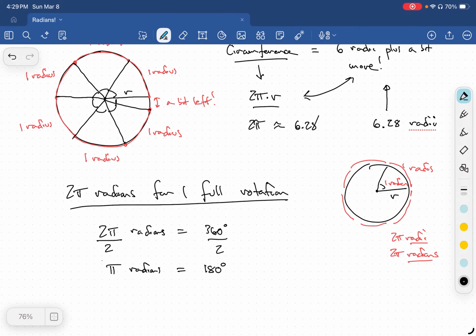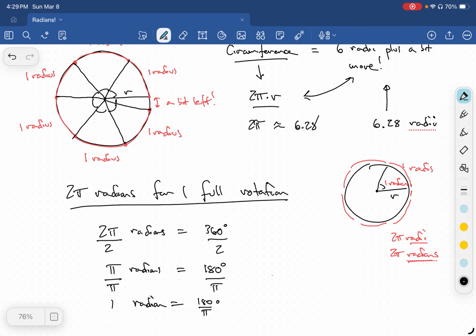And this is going to be a very important thing for us here, that pi radians is 180 degrees. And so if I want to know what, say, 1 radian is in degrees, I could divide both sides of this equation by pi. And now I have 1 radian is equal to 180 over pi degrees.